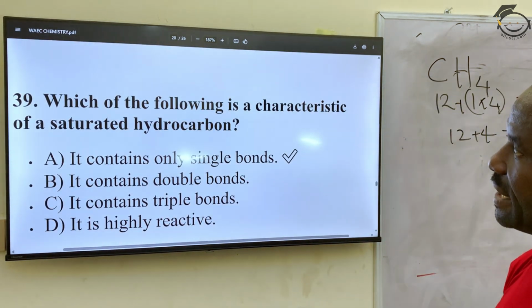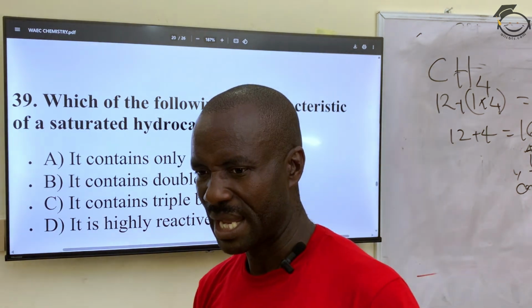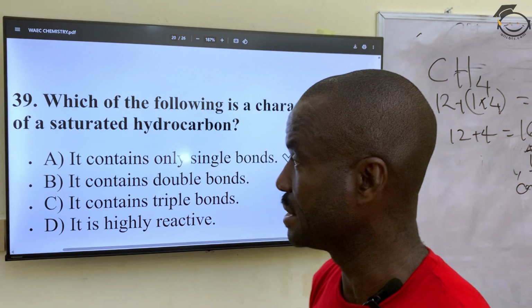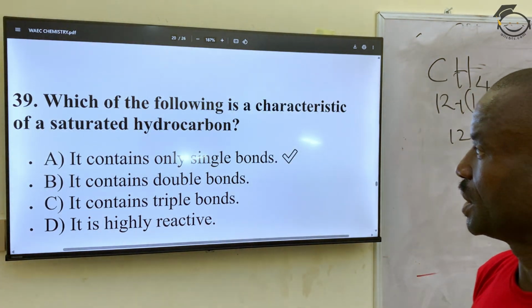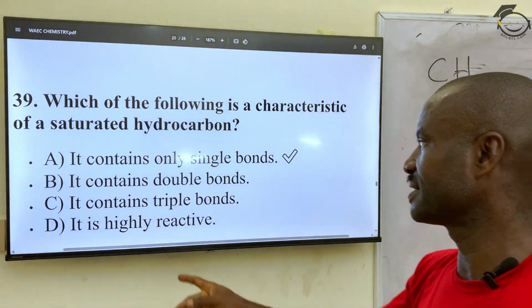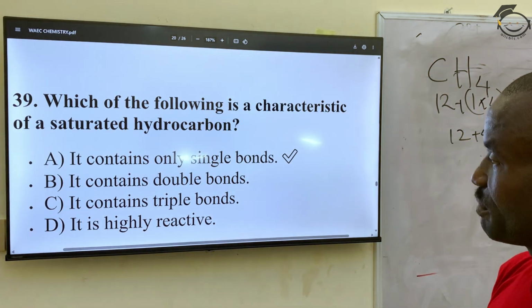Question 39. Which of the following is a characteristic of a saturated hydrocarbon? We define a saturated hydrocarbon as a carbon-carbon single bond compound. That is, only single bonds are there in the compound. A, it contains only single bonds. Already said it. B, it contains double bond. C, it contains triple bond.